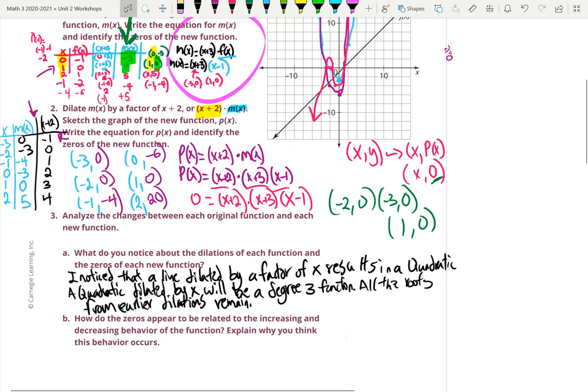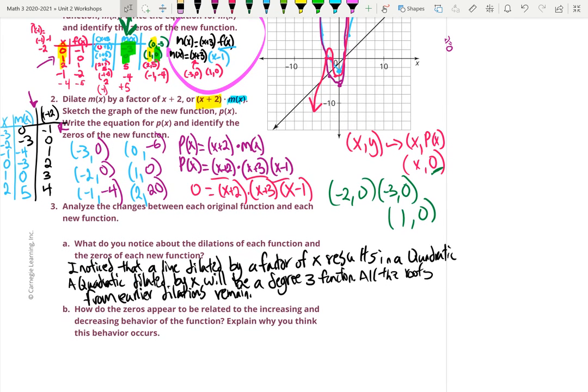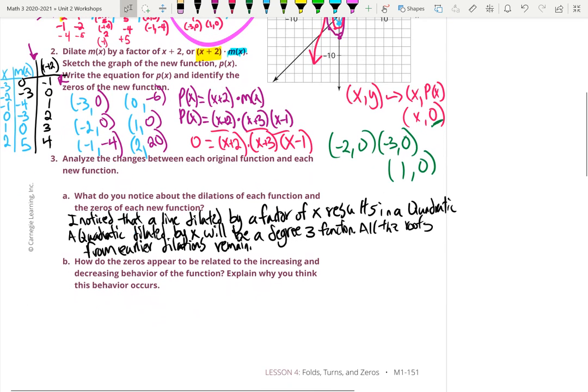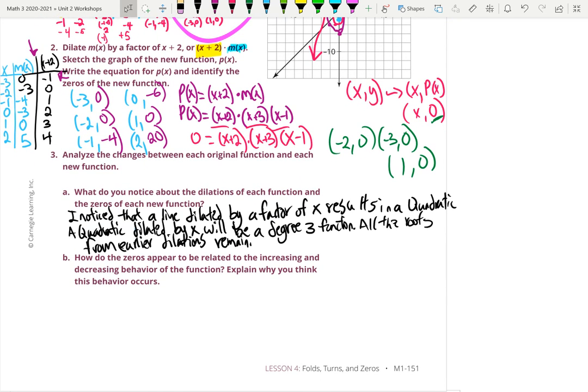This next question is asking, how do the zeros appear to be related to the increasing and decreasing behavior of the function? And explain why you think this behavior works. So we have a line with an x-intercept, we'll call it here. We'll go with our quadratic, which was our second one, which had 2 x-intercepts.